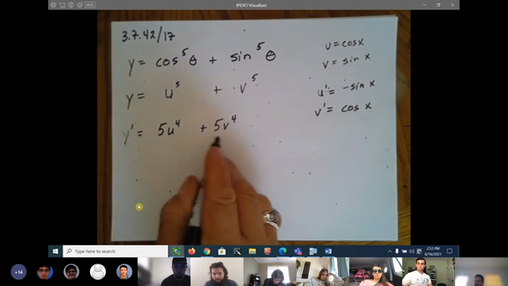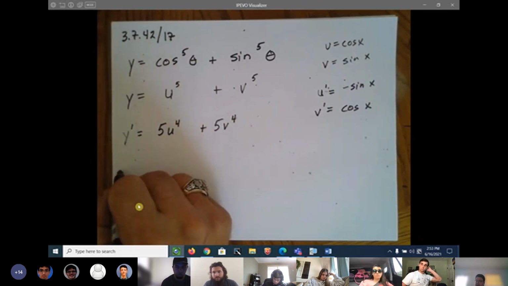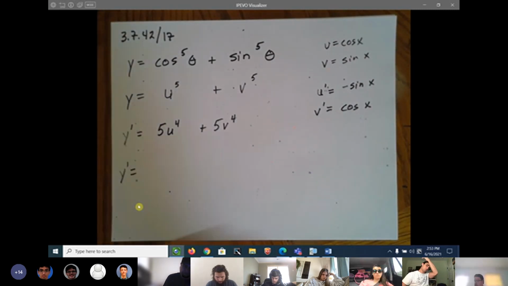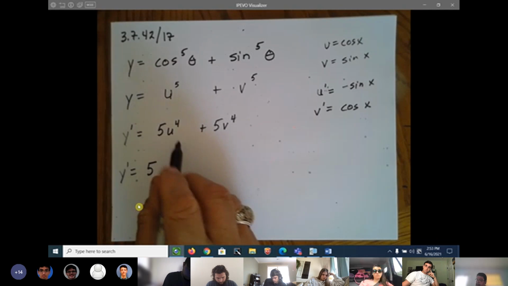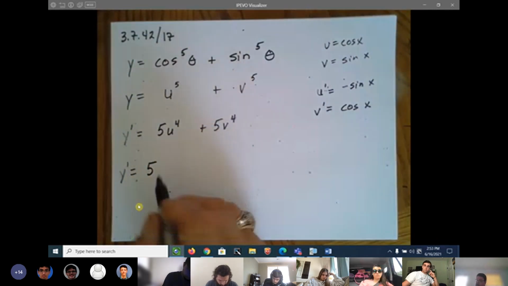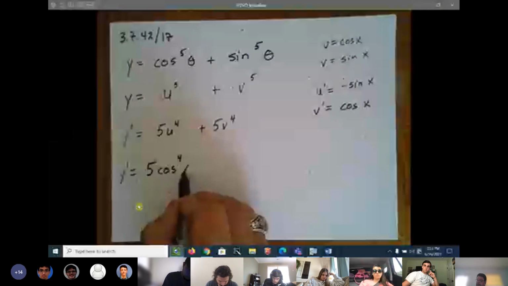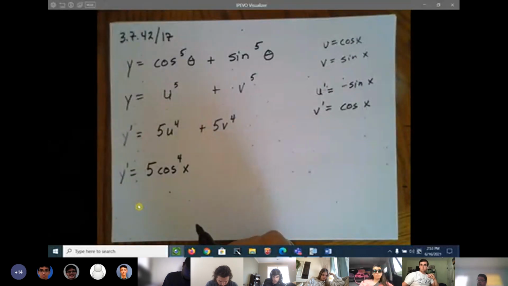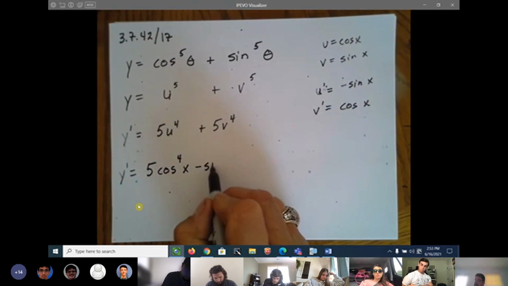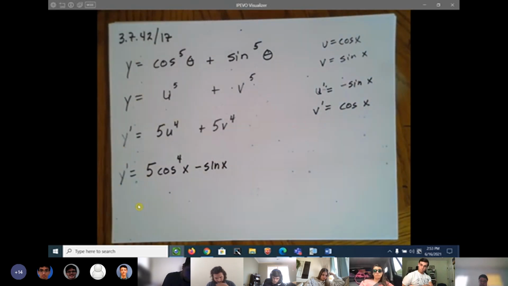So this, we're going to do y prime is equal to, that pen is about gone, 5, u is cosine 4th power of x, and then you're going to multiply by u prime, which is negative sine of x.